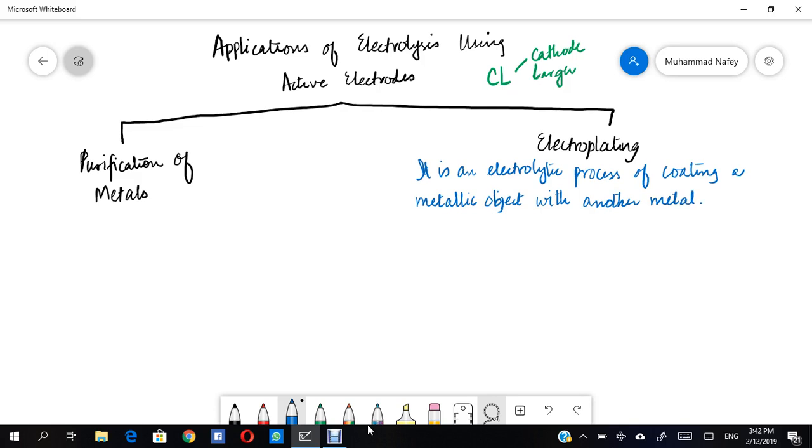And this can be done for various purposes: for beauty, in case of electroplating stuff with gold, or for protection from corrosion, as was the case in galvanizing iron.